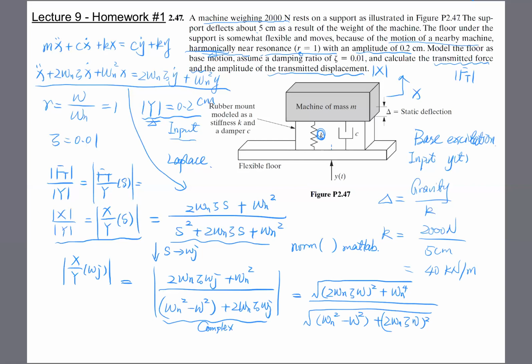So if you don't remember how to do this Laplace transform exactly, I can start from the beginning. Let's focus on this equation. On the left-hand side, x double dot becomes s squared Xs. The second term is 2 omega n zeta s Xs plus omega n squared Xs equals to, sorry, I copied the wrong equation.